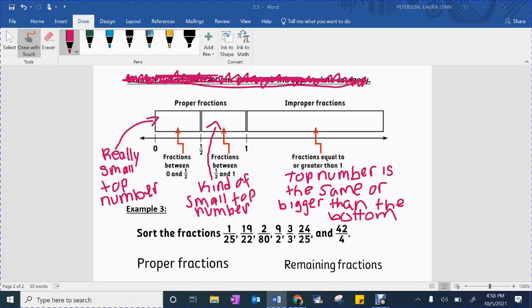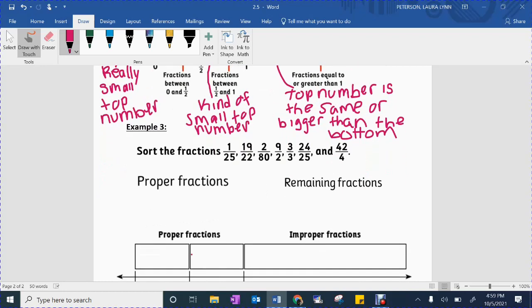Okay, now let's do one more. Let's draw an arrow pointing to the last section, and I need you to write this note: top number is the same or bigger than the bottom. Of course, pause to get that written down. Okay, let's do our last example.